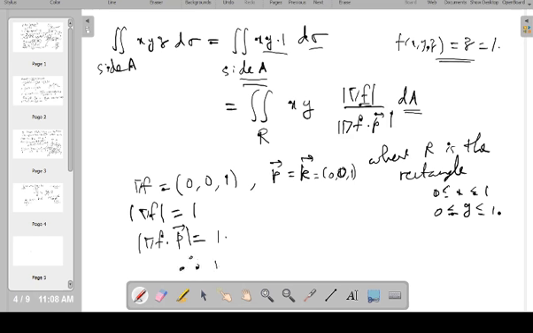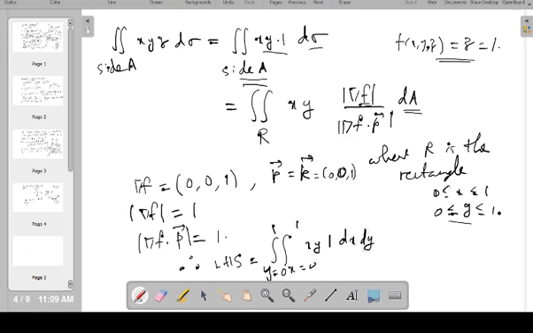Therefore the LHS is equal to iterated integrals. Do you remember iterated integrals? A double integral can be evaluated as an iterated integral. So x varies from 0 to 1, y varies from 0 to 1, then xy into norm of del f, which is 1, divided by norm of del f dot p, that is also equal to 1, dA is dx dy.